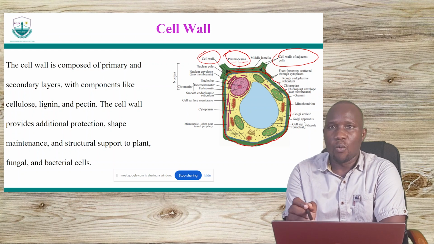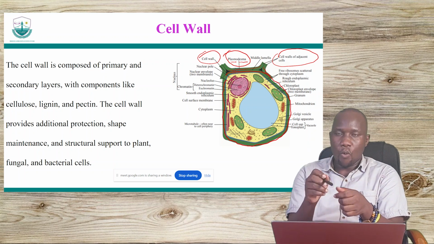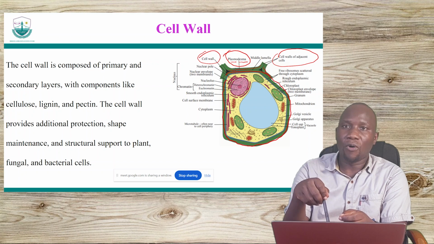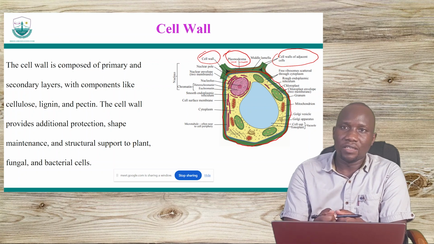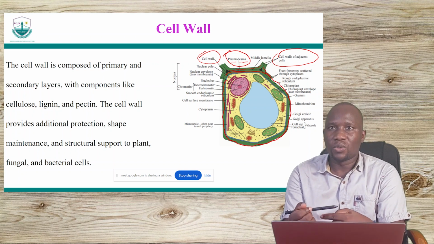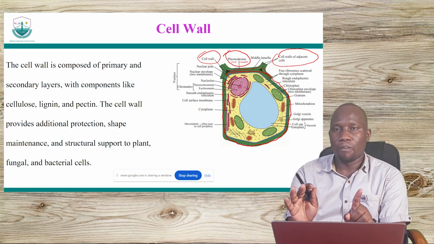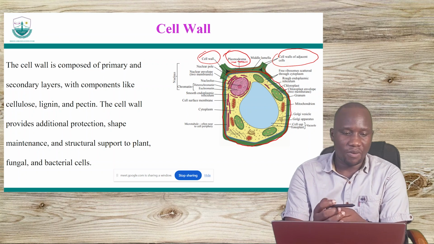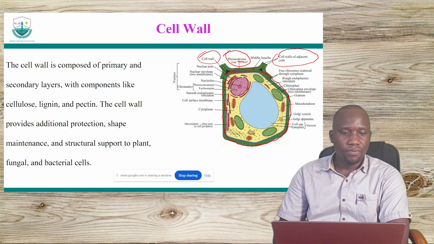That is one hole, or one pore, that is connecting the cell wall of one cell to the other. But when they are many, then we call them plasmodesmata.